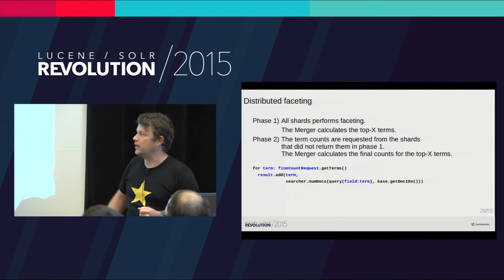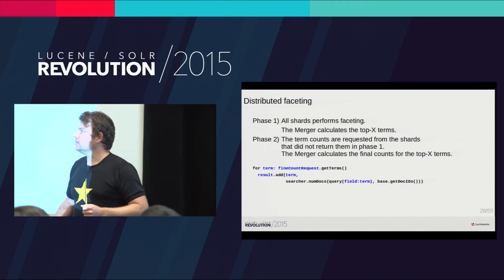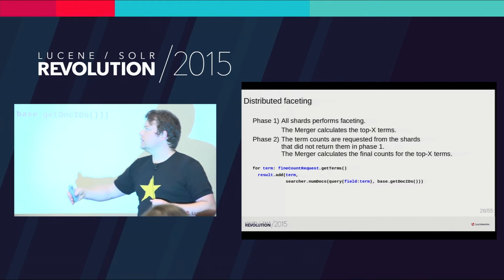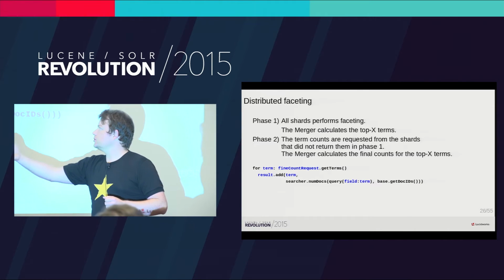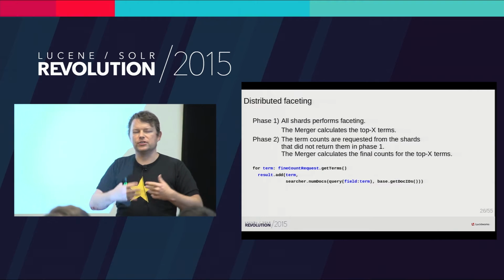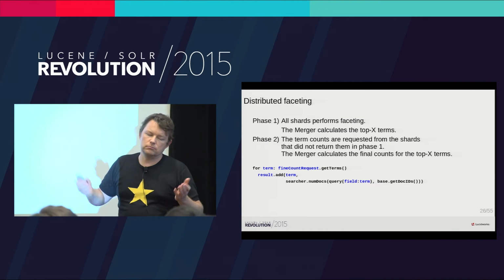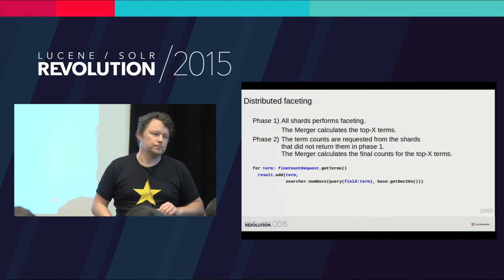Don't worry too much about the technicalities here. The point is, as soon as we fine count things, it's really simple. We get some terms in, and it basically does a search for the term and makes an intersection with the basic search result and counts the number of documents. So it's a simple operation.